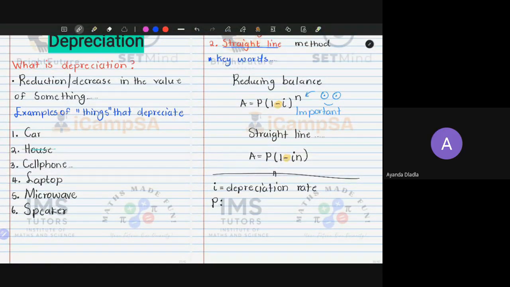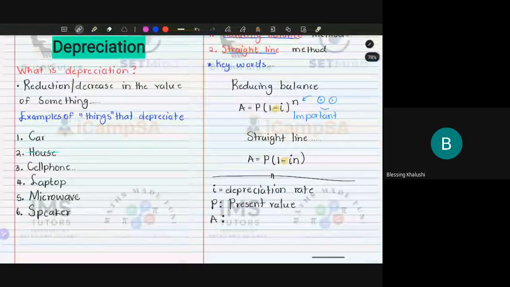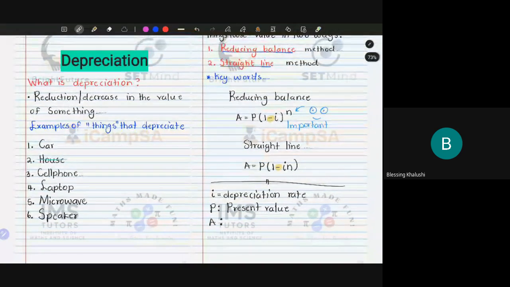Present value. Yep. So P is the present value. And what is A? Accumulated amount. But why are we accumulating when something is losing?